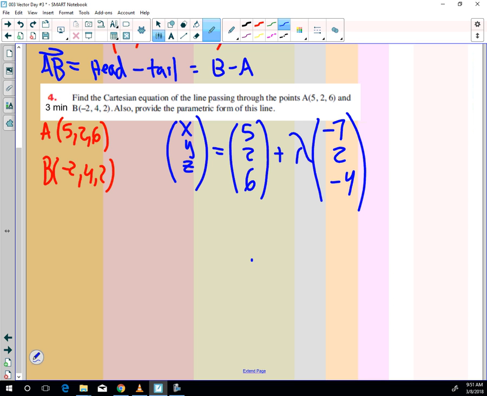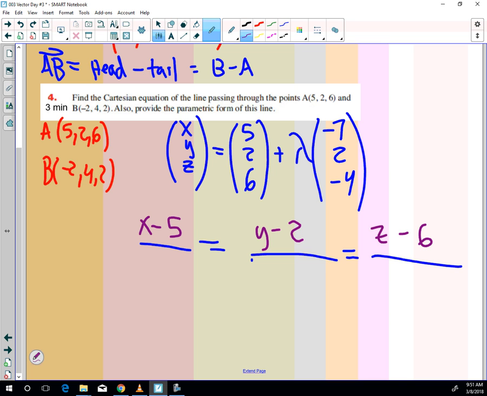Okay. Now, who likes shortcuts? I love shortcuts. Do the way that I showed you, but if you want to skip right to the answer, this is really kind of cool. What you do is you go x minus the point, y minus the point, z minus the point. The point is 5, 2, 6. It's literally that easy. And then the direction vector tells you what the denominators are: negative 7, 2, and negative 4.